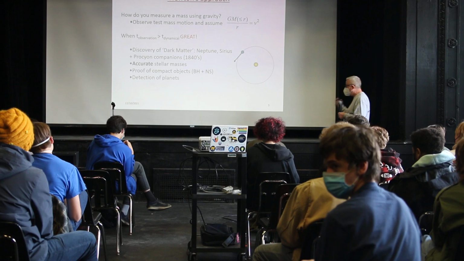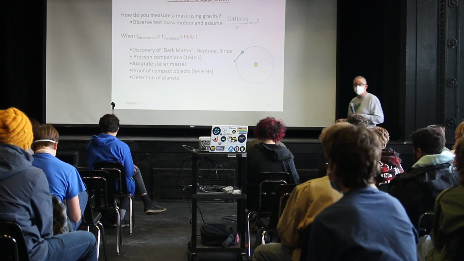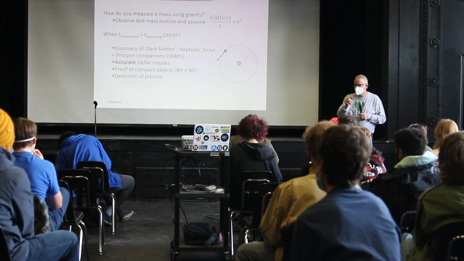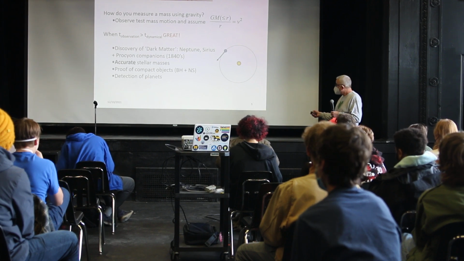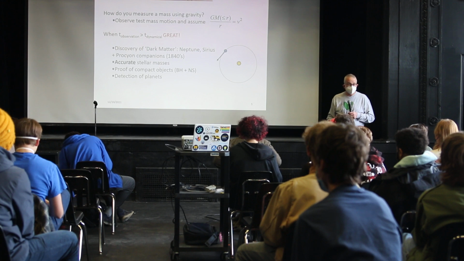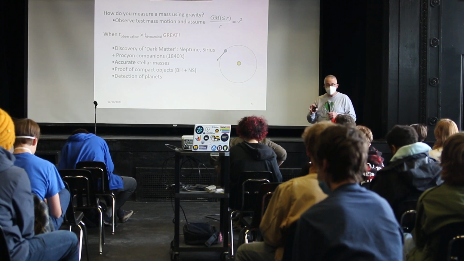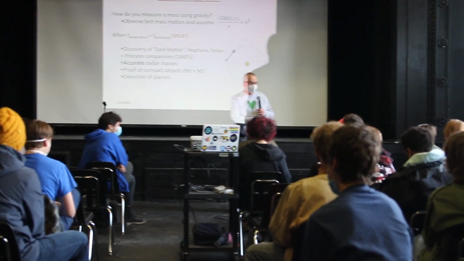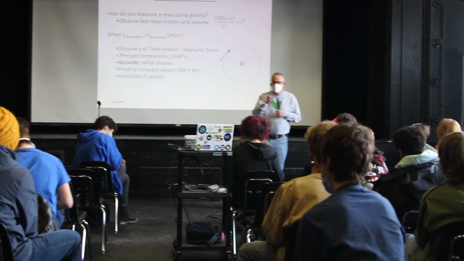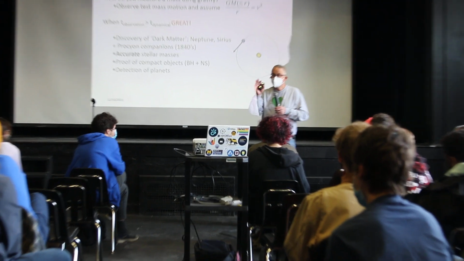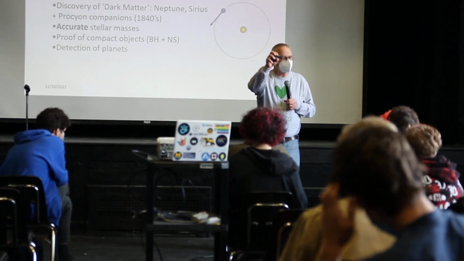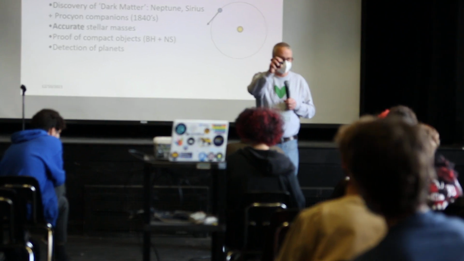So this was used a lot in the 19th century to discover things that had not been seen. They weren't really dark matter, they were invisible things. And the first of those was the planet Neptune. So astronomers in the early 19th century mapped out the motion of all the other planets. And they knew how they should move because of Newton's theories. And what they found is that Uranus, in particular, moved a little differently from what it was supposed to.